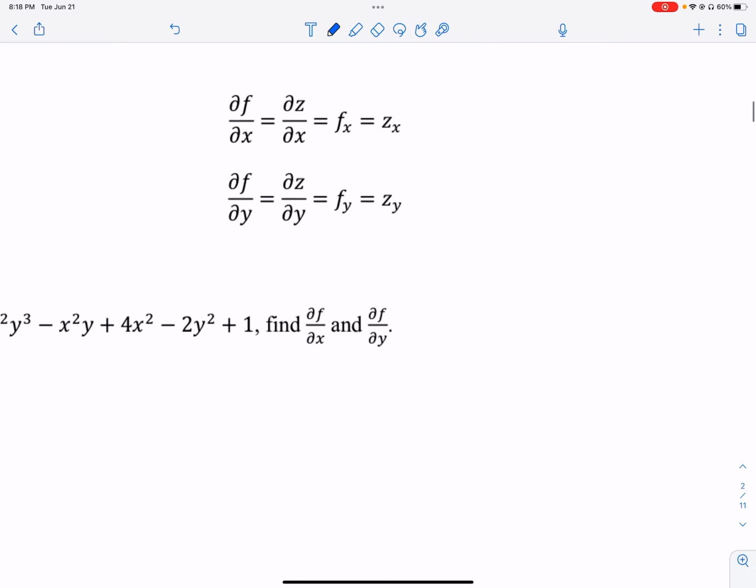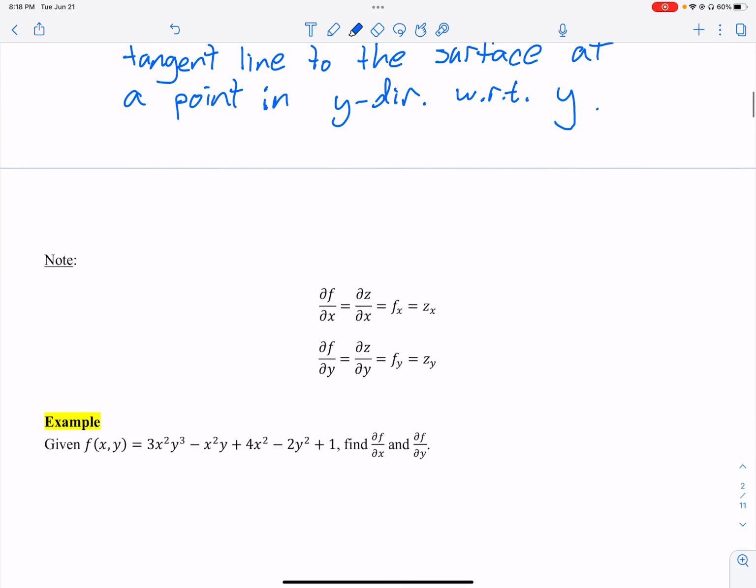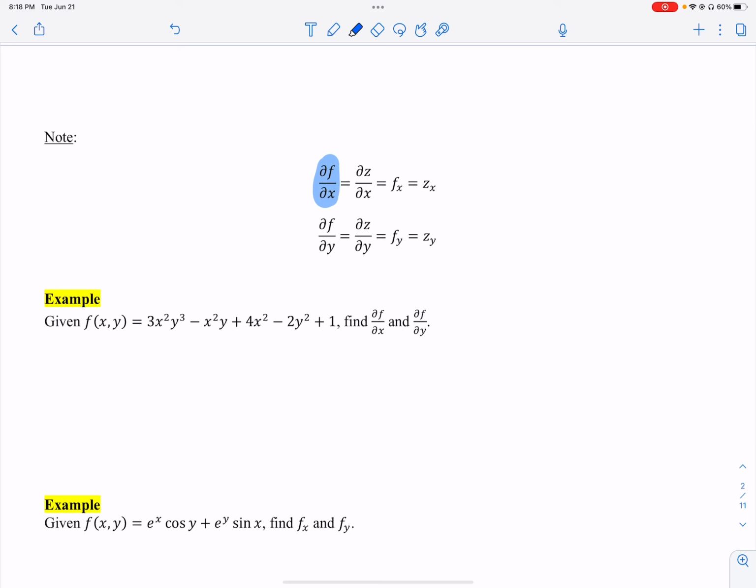This first thing is how we are used to seeing it. We're used to seeing it this way, with the partial of f with respect to x, or the partial of z. This is the shorthand. I like this notation, using the x there, or using the z there. And then the same thing with y, right? We can do a bunch of other variables as well. We will do that through this section.